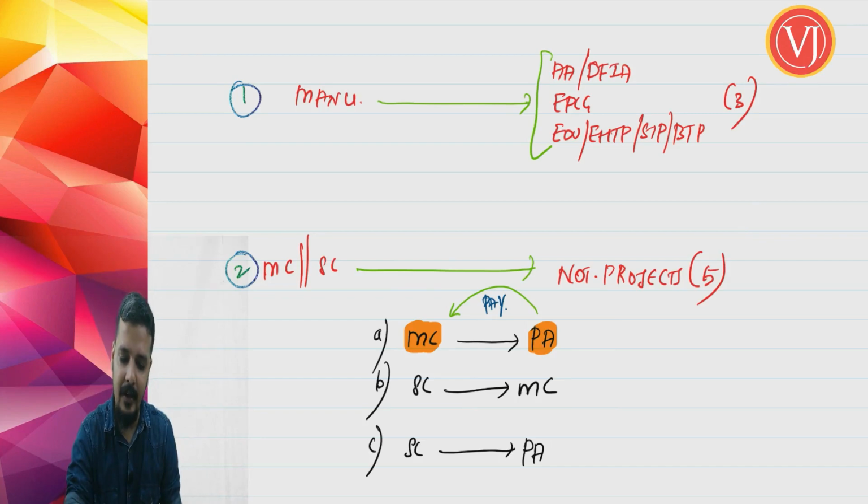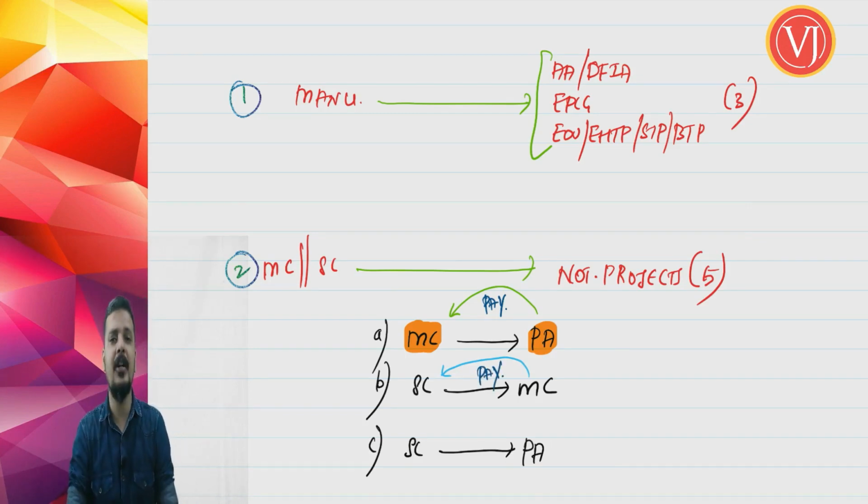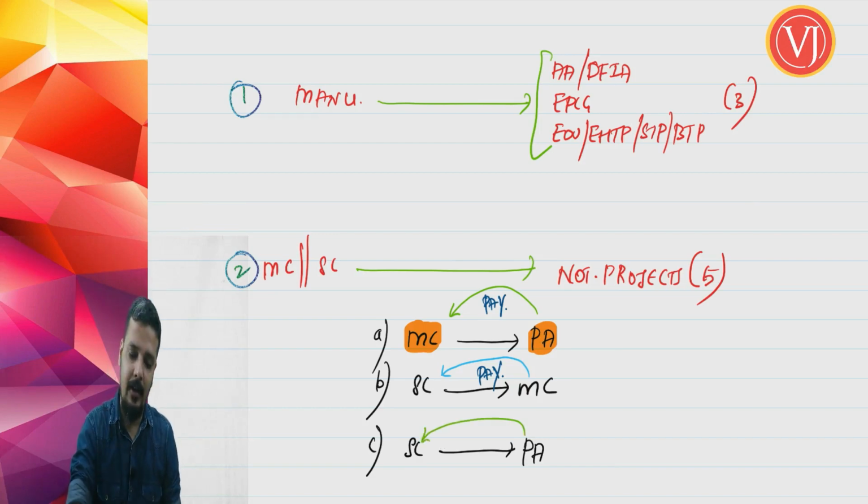Here also this is called deemed exports, where the payment is made not by the project authority to the subcontractor but by the main contractor to the subcontractor. And third, we are talking about a subcontractor directly to project agency, where the payment is made by the project authority directly to the subcontractor.